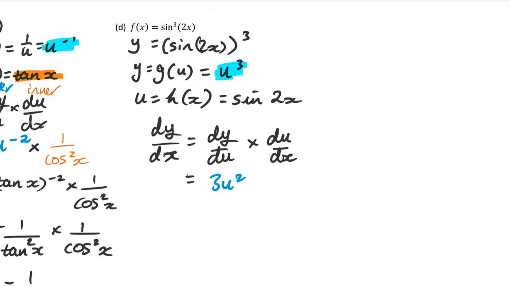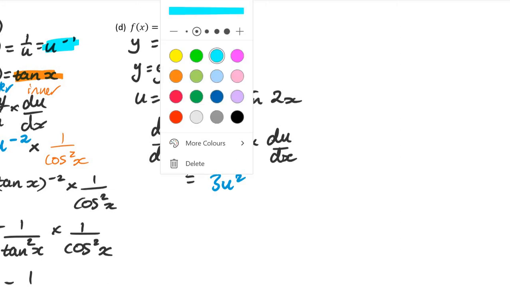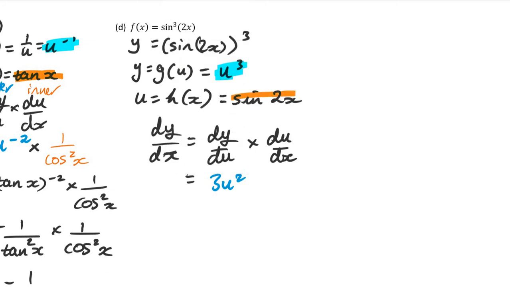Alright, that's my outer function. My inner function, sticking with the same color coding system, is sine of 2x. Now I know that that's a chain rule. So let's work it over here. u equals h of x, which equals sine of w. Sorry, I can't use u again, I can't use h.